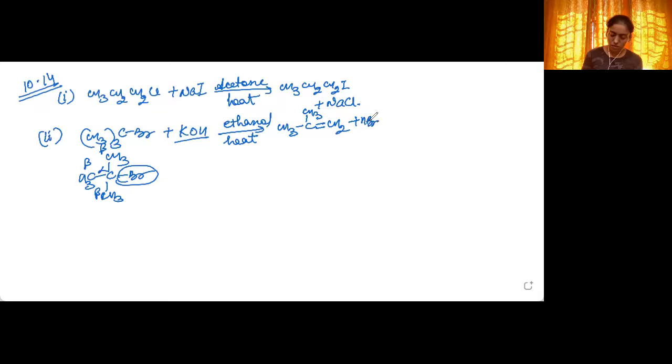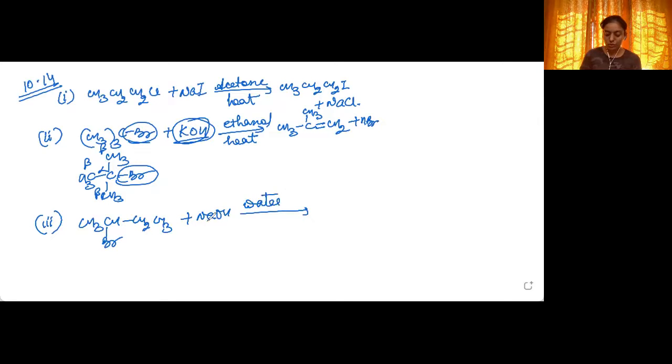If it were aqueous KOH, then bromide will be replaced by OH. That is, alcohol will be formed. Br negative will be replaced by OH negative. Let's now move into the third part of this question. CH3CHBrCH2CH3 plus NaOH, water.